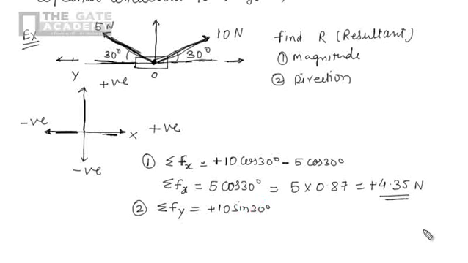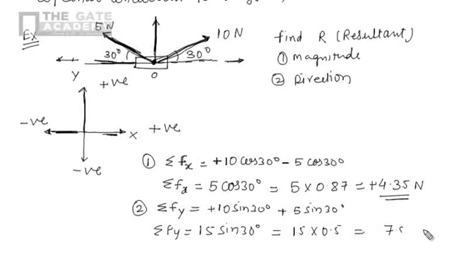Similarly, the component of the 5 N force is also upward, so again positive 5 sin 30. So the total is 15 sin 30. Since sin 30 is 0.5, it comes to 7.5, positive. In this way we have calculated summation of Fx and summation of Fy.